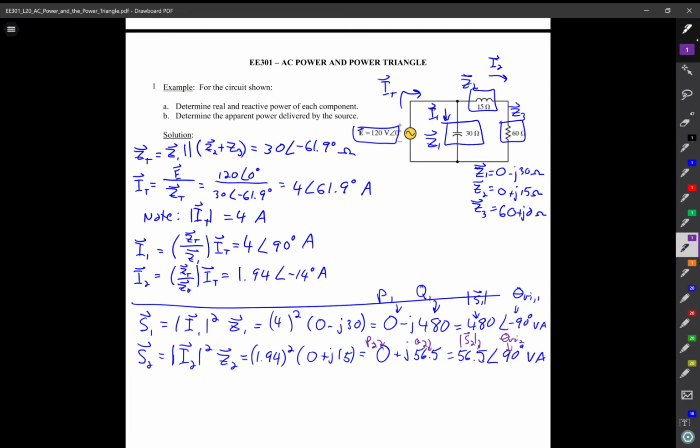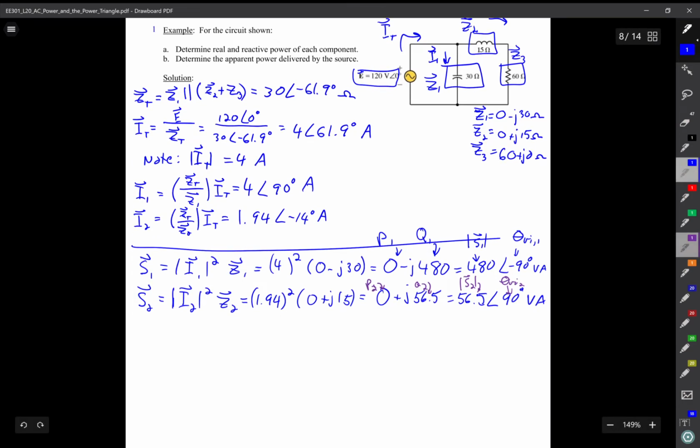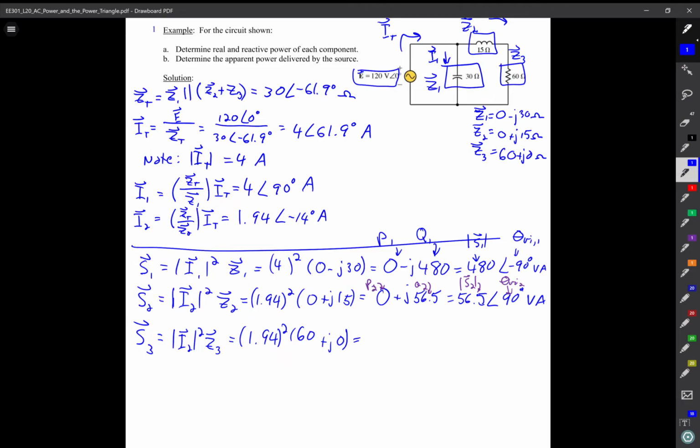All right, there's 2, now let's go on to 3. S3 is also equal to the current I2 magnitude squared times Z3, which is equal to 1.94 squared times 60 plus J0. This is purely resistive, so I would imagine that I'll have just a real part and no imaginary part.